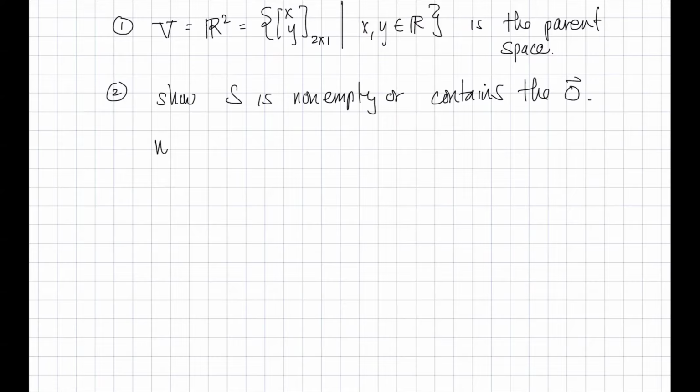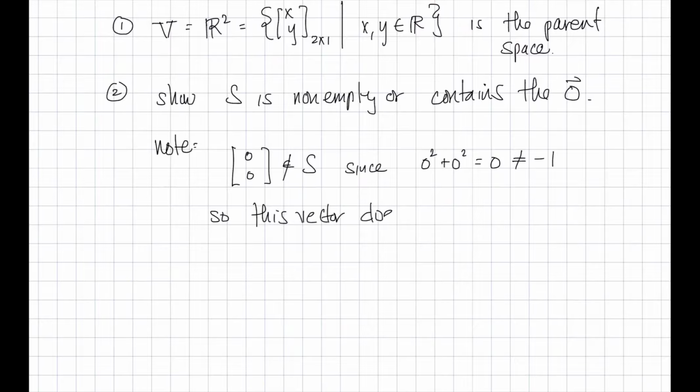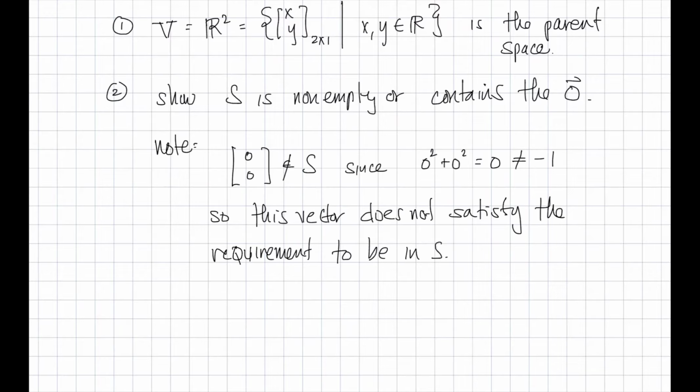Note (0, 0) is not an element of S, since 0 squared plus 0 squared equals 0, which is not equal to -1. So this vector does not satisfy the requirement to be in S. Now, that doesn't actually mean that the set's not empty, although this one is.